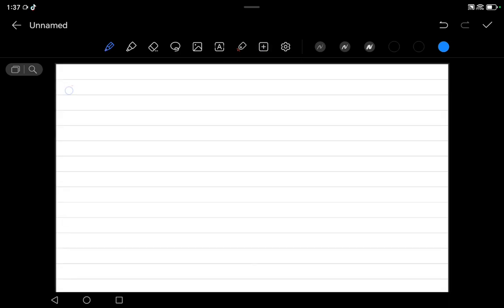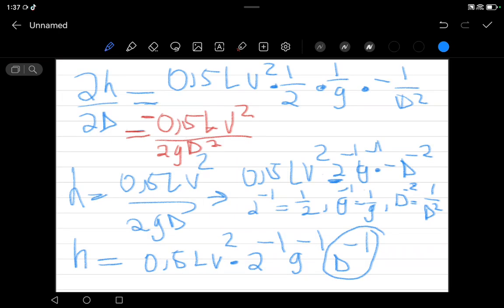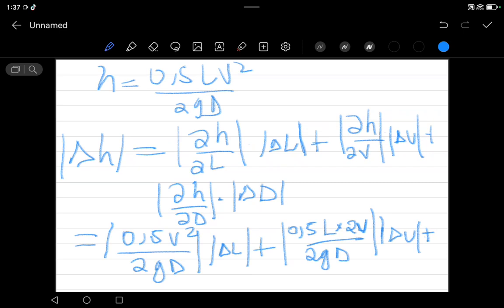So our change in h is going to be equal to 0.5 v squared over 2gd multiplied by change in L, plus, are we done? We're not done, right?